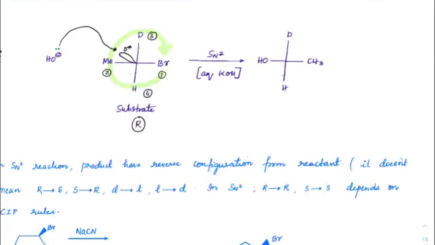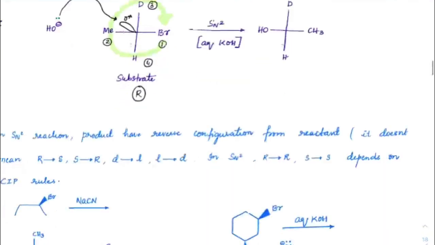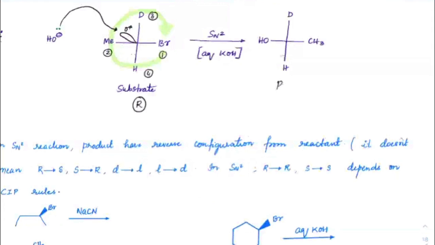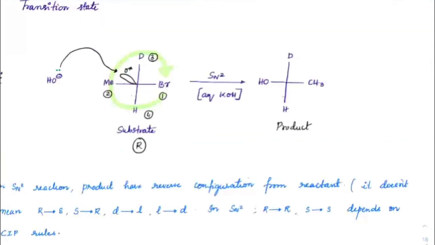If there is an odd number of changes, then definitely the configuration will be inverted. So from the substrate, you would see this product formation. In the product, again, if you check out the priority, this is 1, 2, 3, and 4, correct? So if you check out this 1, 2, 3 here, it is coming in an anti-clockwise direction. So it is actually S configured.